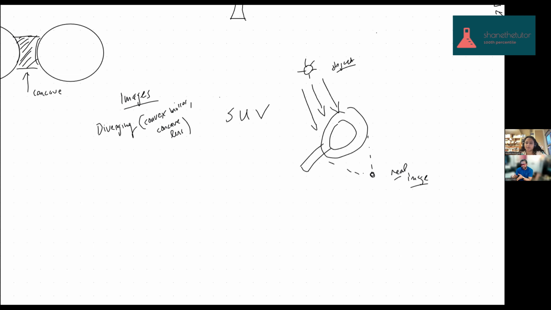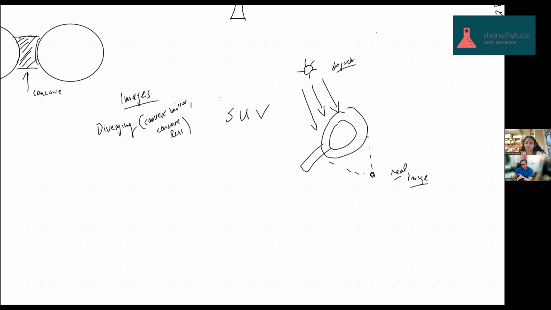Like when you watch something in a movie theater, you're watching a real image from the projector. Now, a virtual image cannot be projected, which means it cannot be used as an object for another lens. So you can't burn things like that.